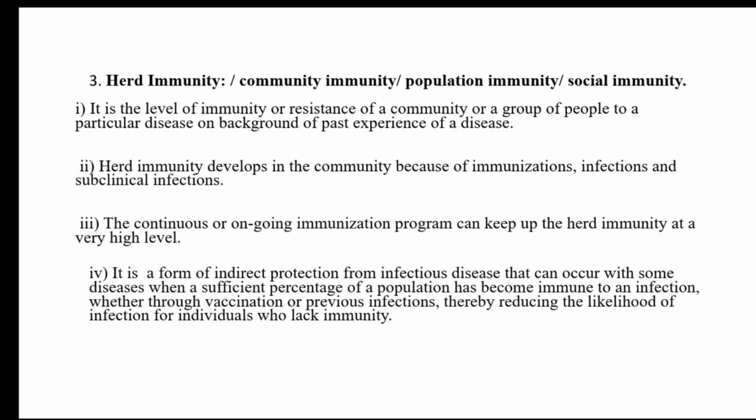Then the next type of immunity is herd immunity, which is also known by the name community immunity, population immunity or social immunity. So these are the various names, but from the name only you might have come to the meaning: it is a level of immunity or resistance of a community or a group of people to a particular disease.